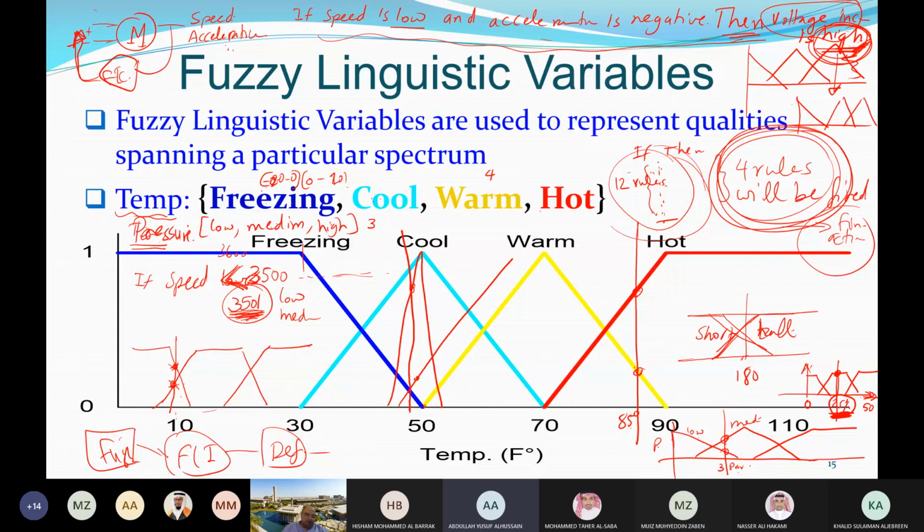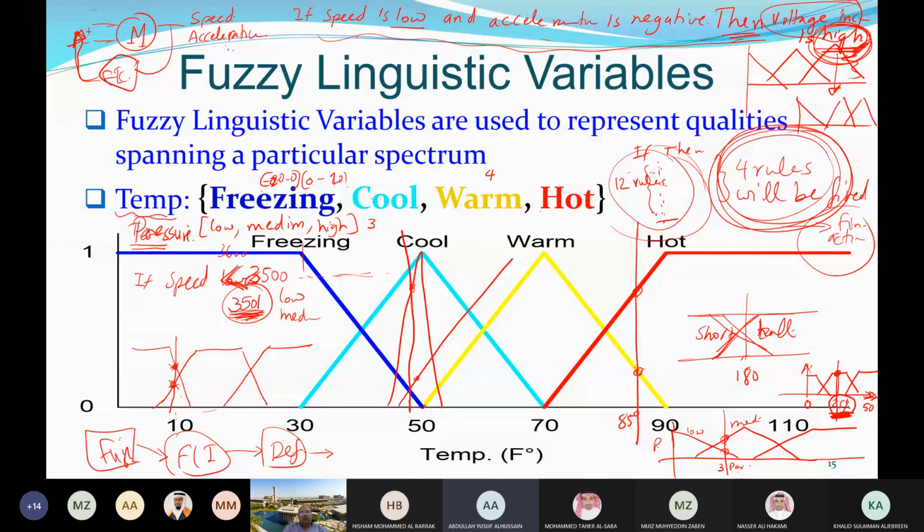So in this case, we will consider both the value of the speed, the membership functions of the speed, to find the exact value of the voltage, right? Membership value of the speed? Yes.